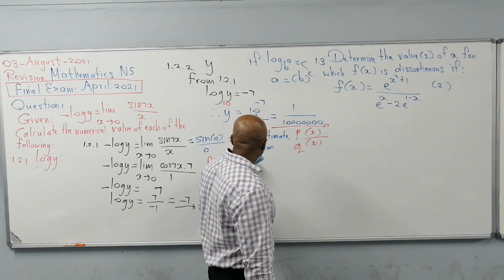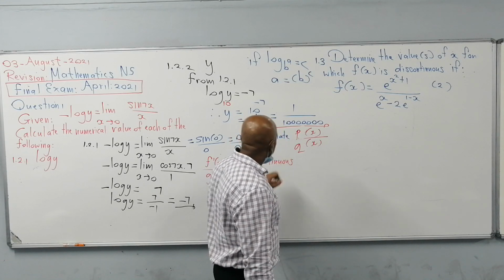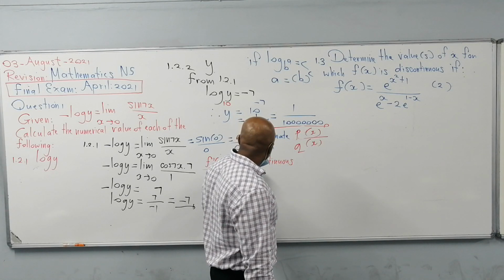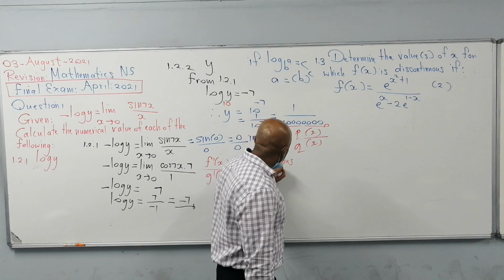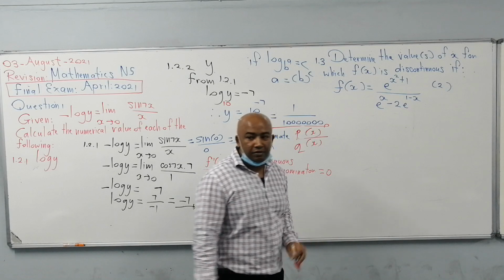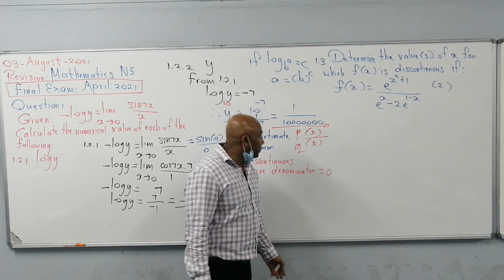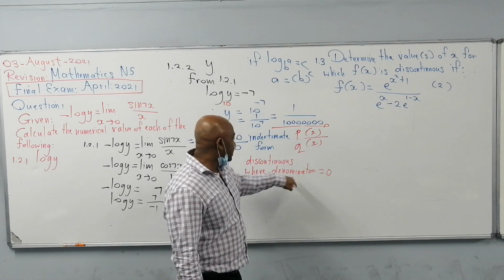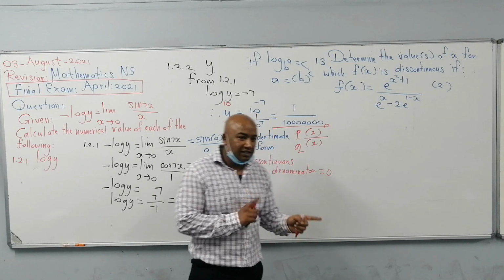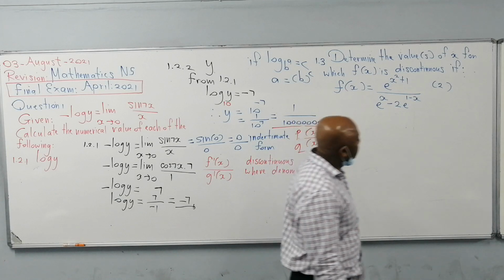when the denominator is equal to 0, because you cannot divide by 0. It's undefined. So what we're going to do is take the denominator, make it equal to 0, and find out what values of x result in this denominator being 0.